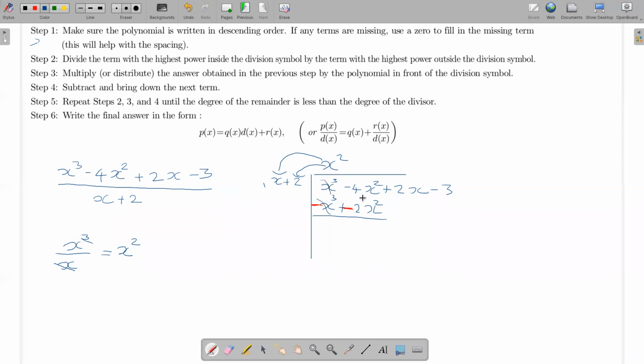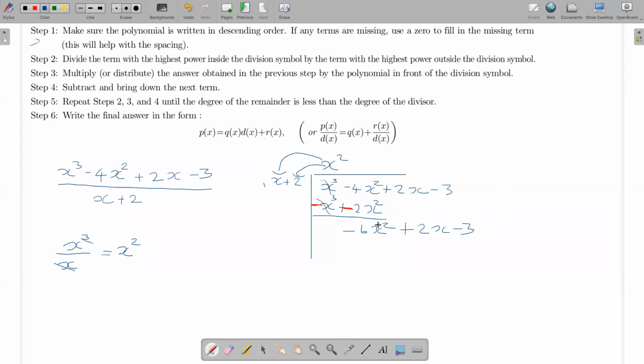Both of them are minus, so I have to add. Then bring down these terms. We multiply, write it here, and then subtract, and when subtracting the signs become opposite.